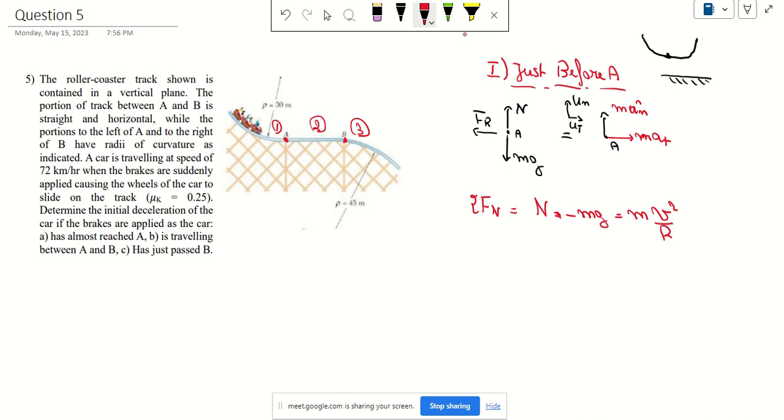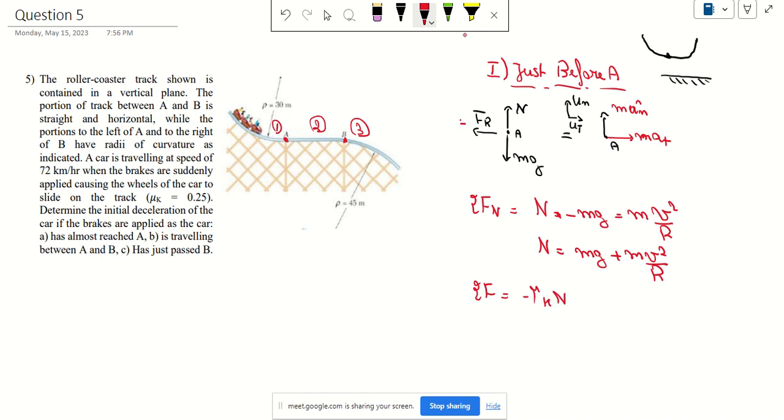So from this point we get an expression for N. N is equal to mg plus m v squared over rho, while for summation Ft you will find minus mu k times N. And why minus mu k times N?